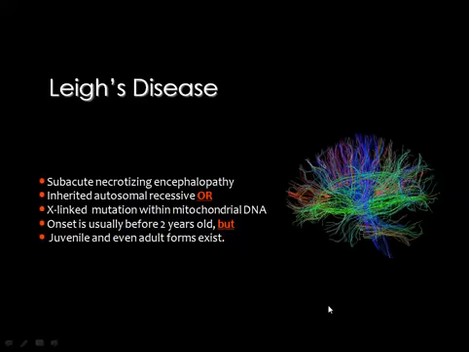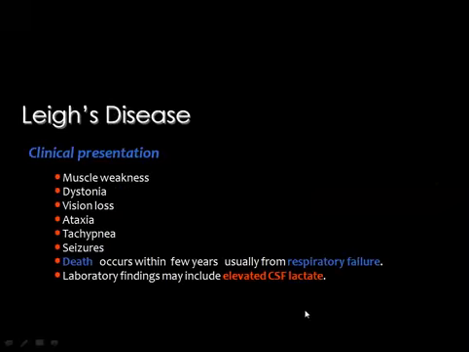Leigh's disease is a subacute necrotizing encephalopathy, inherited as an autosomal recessive or X-linked mutation within the mitochondrial DNA. The onset is usually before the age of 2 years, but as in every disease of the white matter, there may be some juvenile and even adult forms.